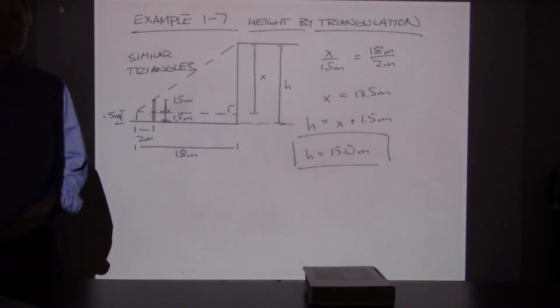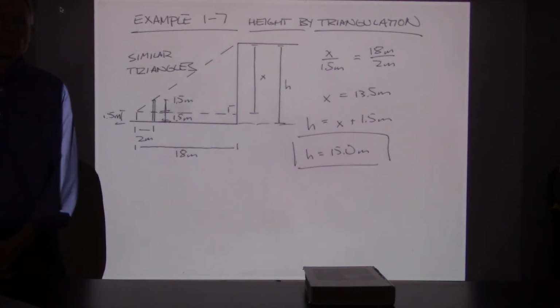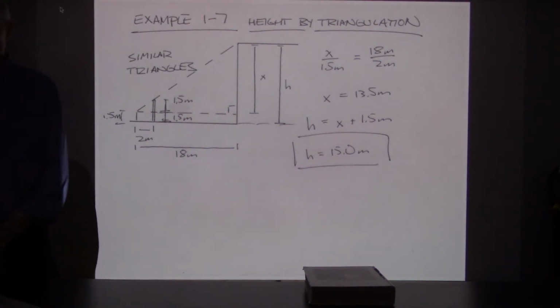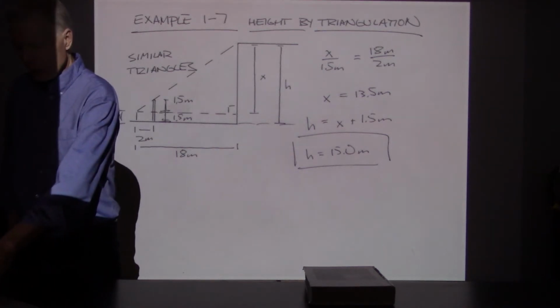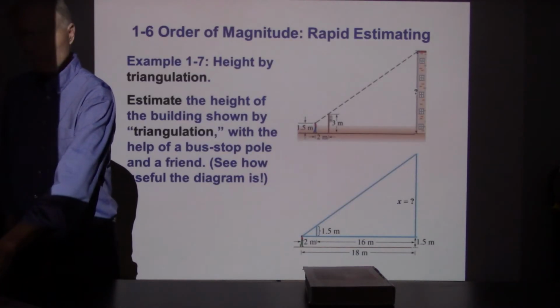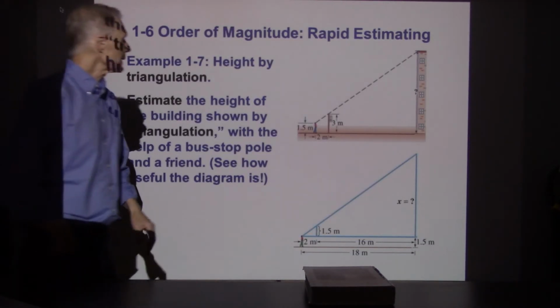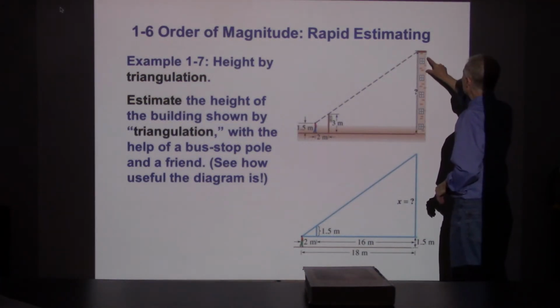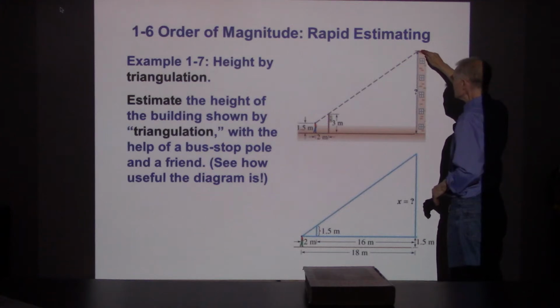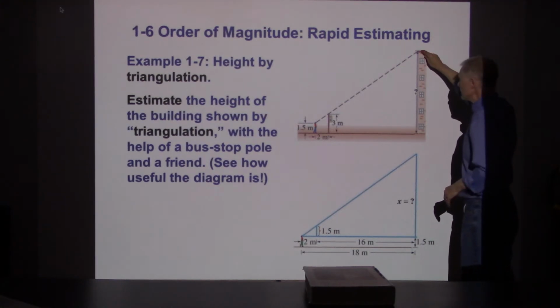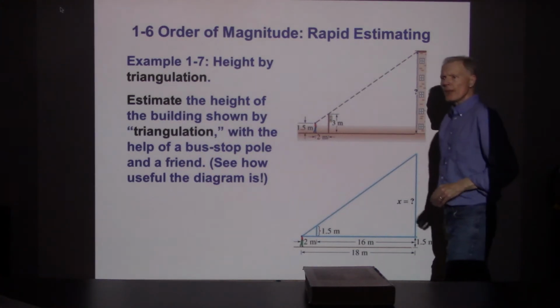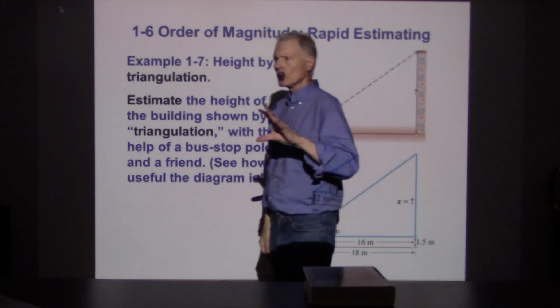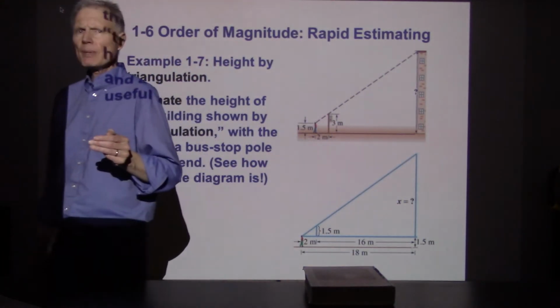Now, is that a sensible answer? And I wasn't so sure about this. If we go back, how many stories are in the building? And it looks like we have 5 stories. 1, 2, 3, 4, 5. If the building is 15 meters high, then each floor is just 3 meters.